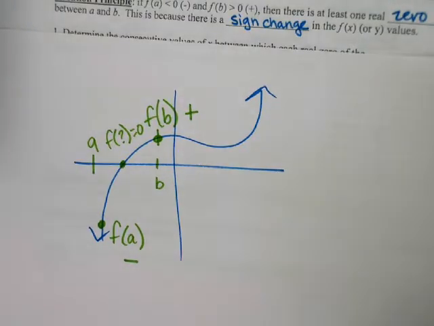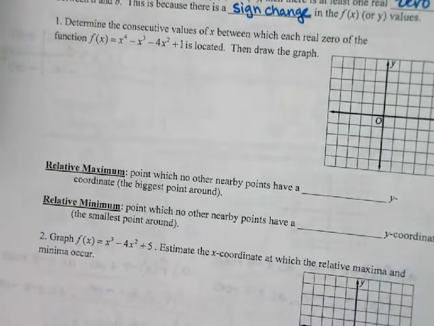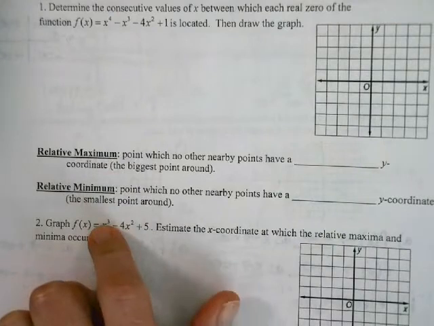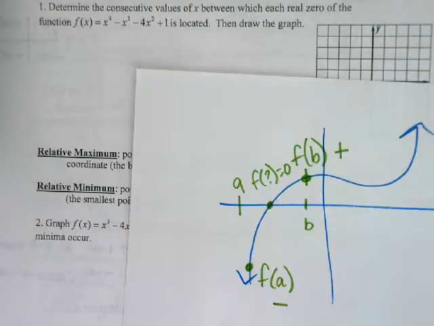Okay? Now, the only other thing that I want to talk about is the relative maximum and the relative minimum. So as our graph is doing this and switching up and down, think about parabolas, right? We had one minimum value or one maximum value.